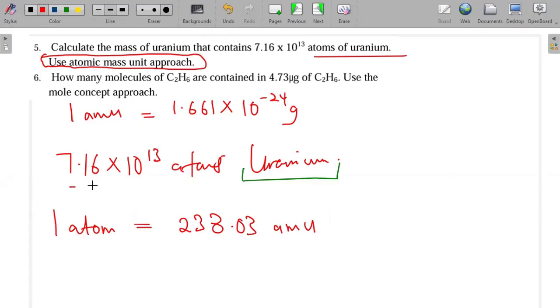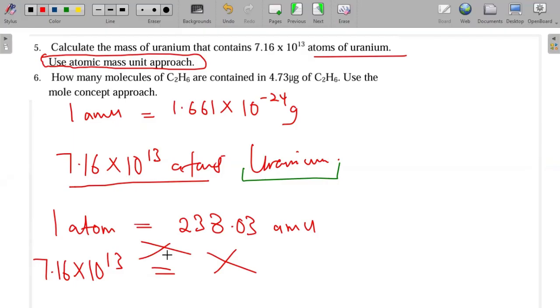So what about these atoms here, which are 7.16 times 10 to the power 13? How many atomic mass units are they going to have? So we cross multiply there. So x multiplied by 1 will just give me x is equal to this number multiplied by this.